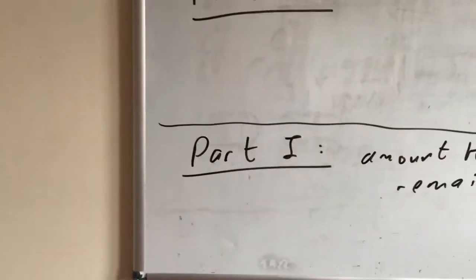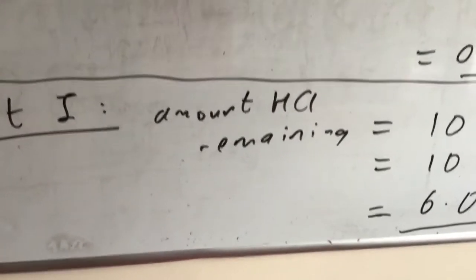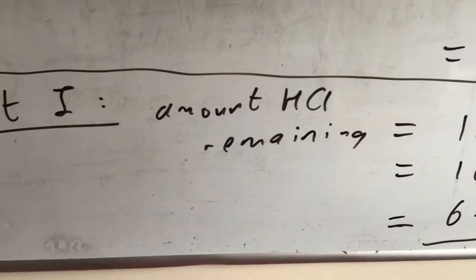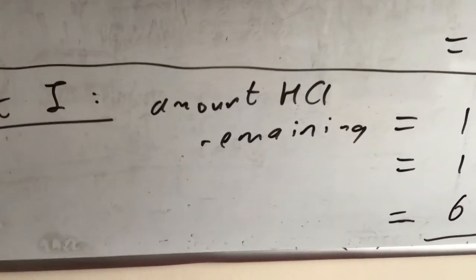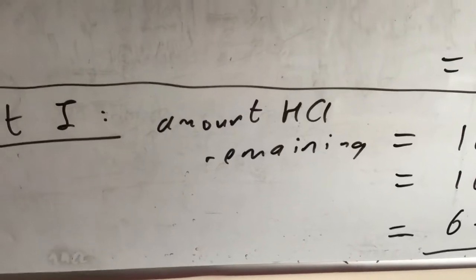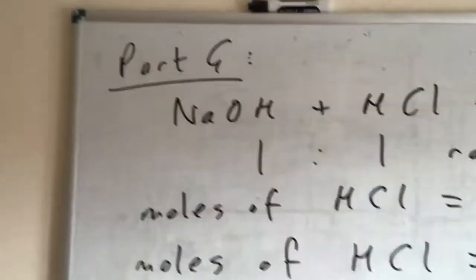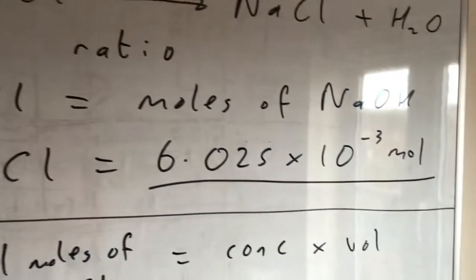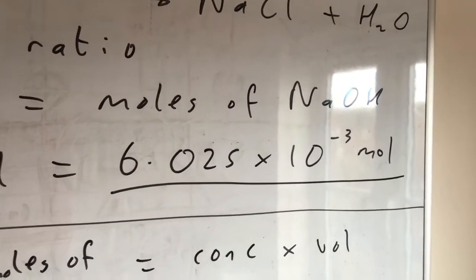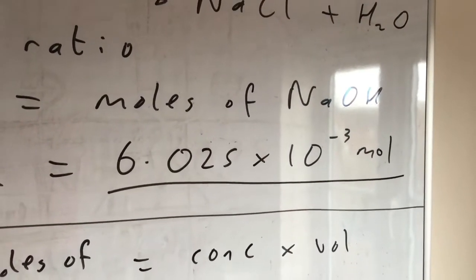Then in part I, they want to know how much HCl was remaining after the reaction with the carbonate. In other words, the stuff that went on to be used in the titration. Well, earlier on in part G, you told me that there were this many moles in 25 centimetres cubed of hydrochloric acid.